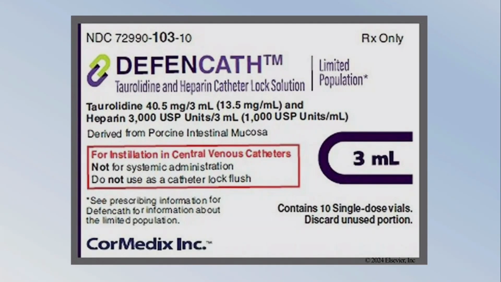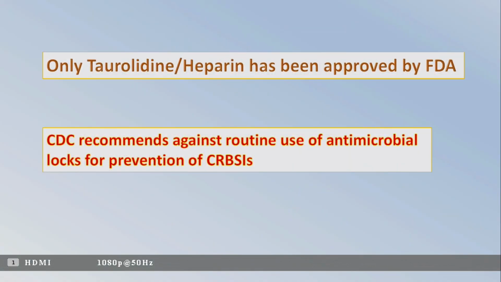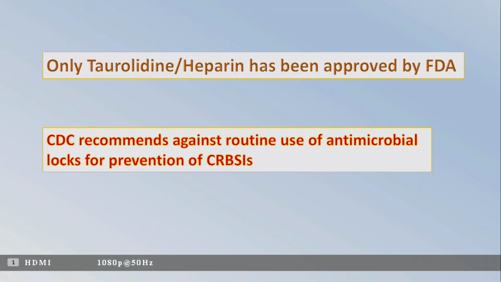So this, as I said, is the only one which is actually approved by the US FDA as a catheter locking solution. Don't ask me the cost. If you find out the cost on Google, then you will probably stop going to the dialysis unit at all. Okay. So as I said, other than this, nothing else is approved by the FDA. And also the CDC does not recommend it to be used as a routine. But the CDC also says that for a certain amount of time you can use it.